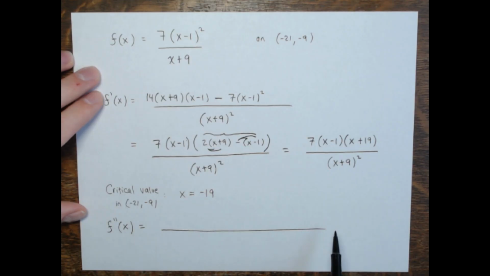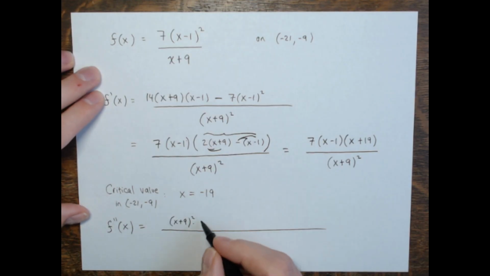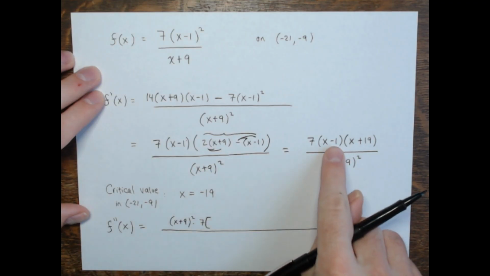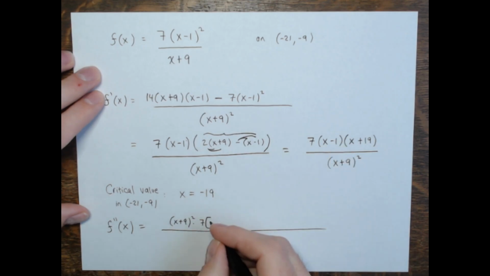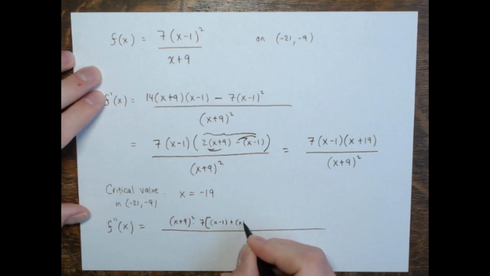Again, I'd be going through the quotient rule once more, so it's the denominator, x plus 9 squared, times the derivative of the numerator. I'm going to do 7 times, and then the product rule, maybe brackets and parentheses here, so it's first times the derivative of the second, so x minus 1 times 1, plus x plus 19 times 1, so there's the product rule.